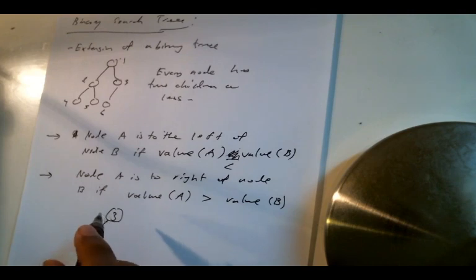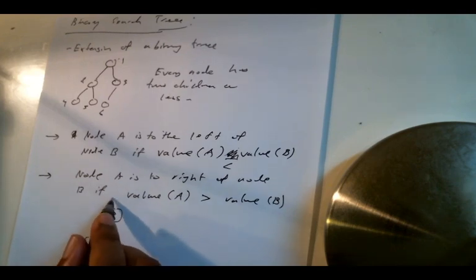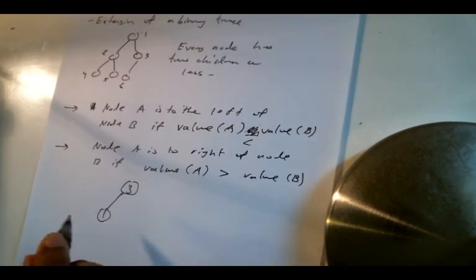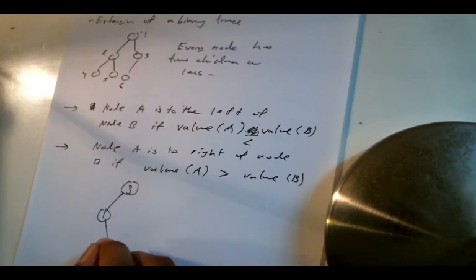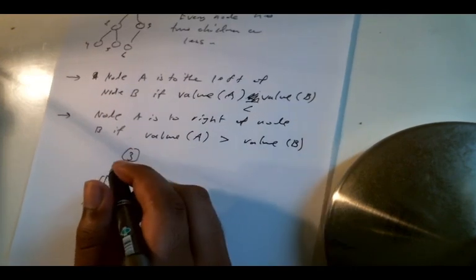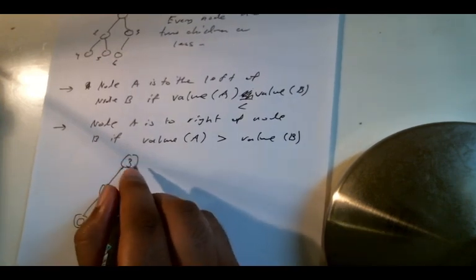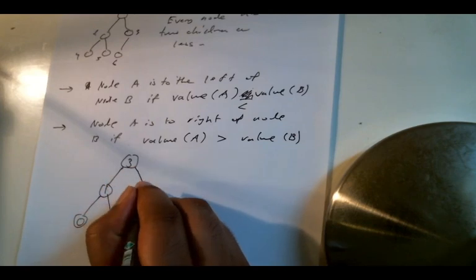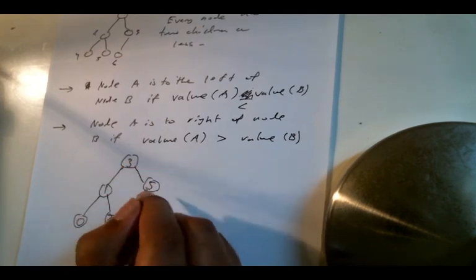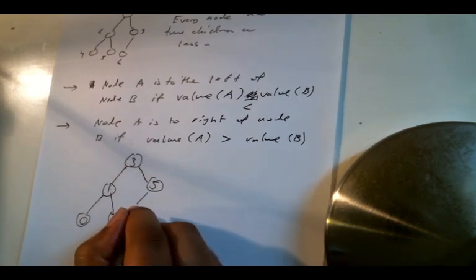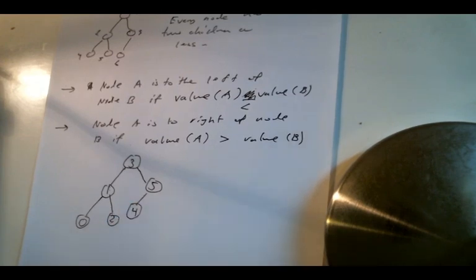So what would happen is that 2 is less than 3, but it's bigger than 1, so it goes to the right of 1, whereas 0 would go to the left of 1. Right? And if I wanted to insert, first of all, maybe 5, it would go this way, and 4 would go to the left of 5. I hope that makes sense.